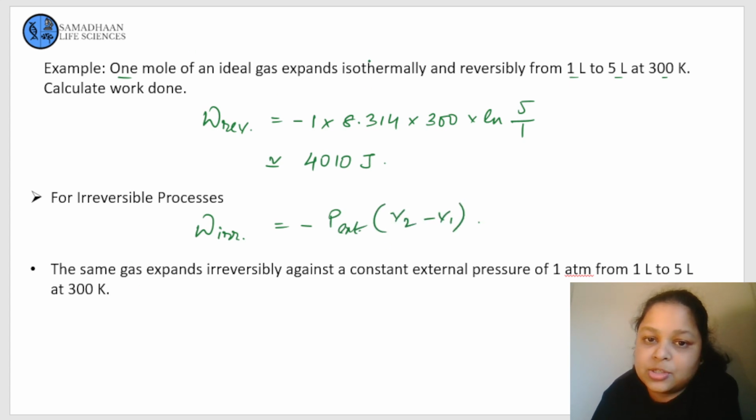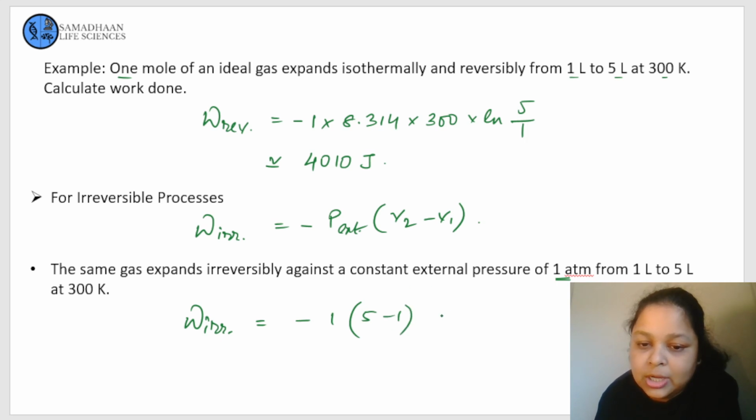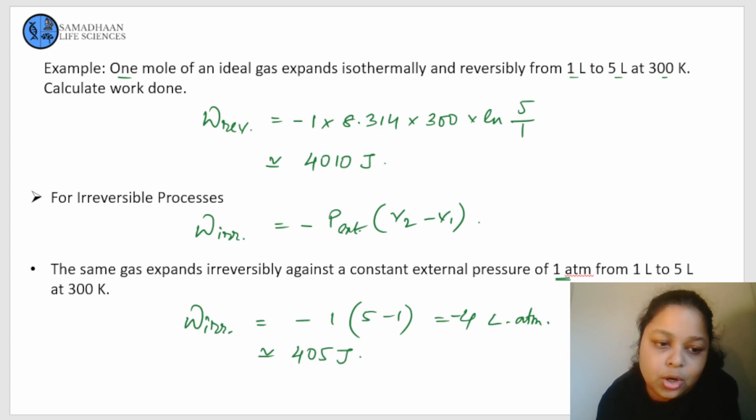For the similar gas expansion from 1 liter to 5 liter, but against a constant external pressure of 1 atmosphere, work done irreversibly will be equal to minus 1 into 5 minus 1, final minus initial, equal to minus 4 liter atmosphere, and this will be around 405 joule. So see, the work done in reversible and irreversible process for the same initial and final state are different.